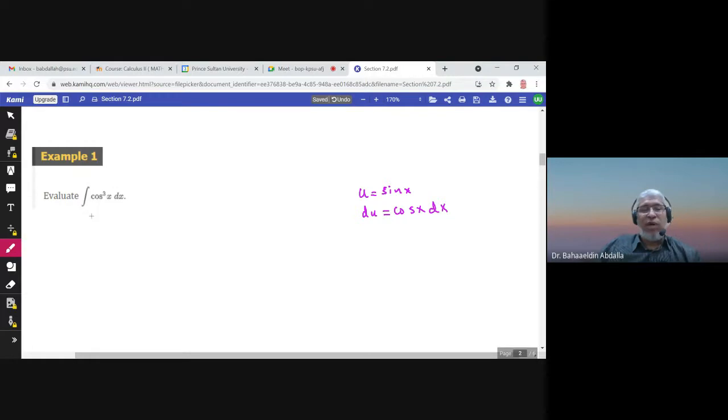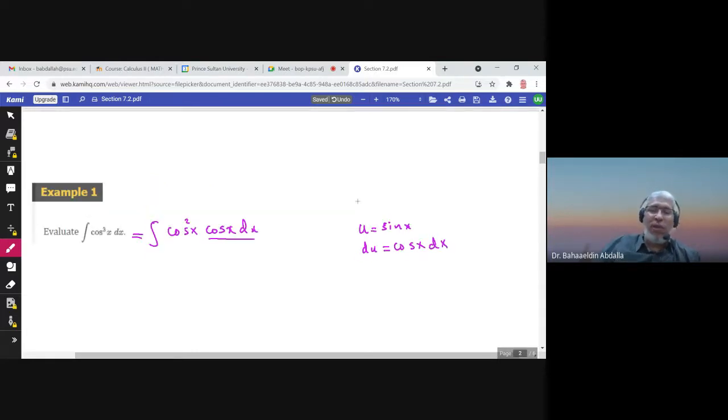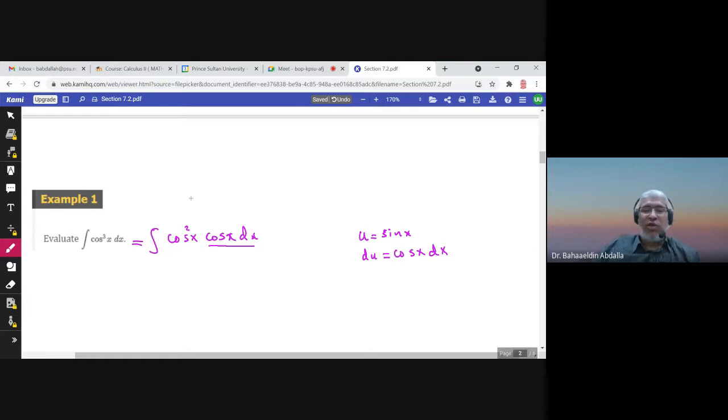So I have to arrange this integral so I can use this substitution. This is cosine cube, so I write it as cosine square times cosine to the power 1. And now I have cosine x dx, I'll call it du. Cosine square, I need to change it now to sine, to take sine as u. How to change cosine square to sine square?